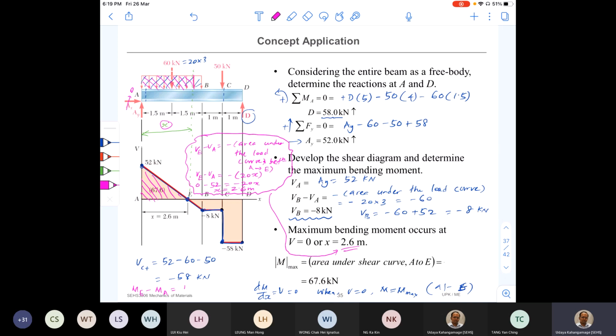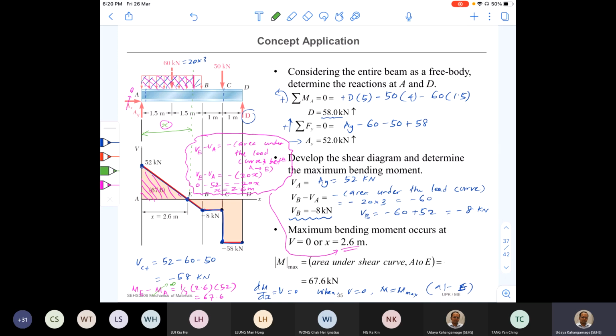So area under the curve is half into 2.6 into 52. So that value is equal to 67.6. I calculated that 67.6. Okay, and here MA is equal to 0. Bending moment at point A is 0. And finally my ME, which is the maximum bending moment, is equal to 67.6.